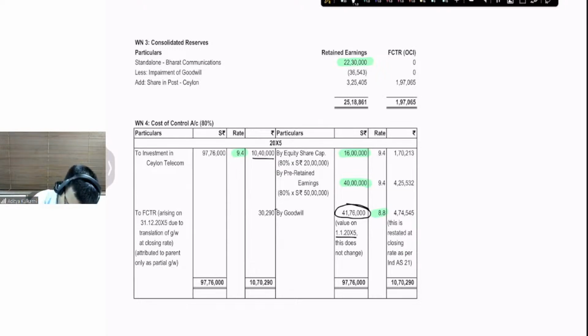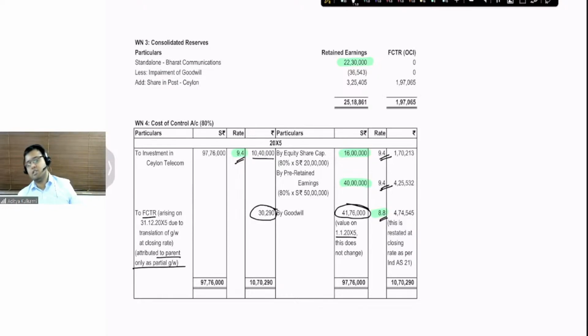This gives me a balancing figure in the INR column, which is going to go to FCTR. This is only on account of different exchange rate. Look, 9.4, 9.4, 9.4, and here it is 8.8. So the difference that arises is on account of different rates. So it goes to FCTR, and this will be attributable to the parent only.